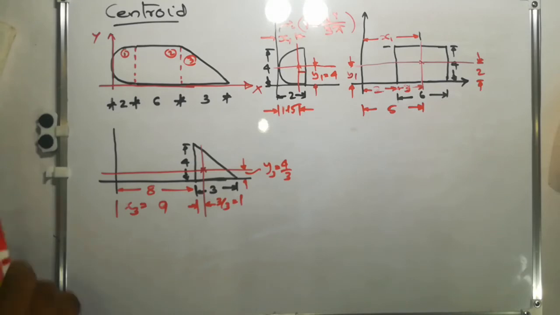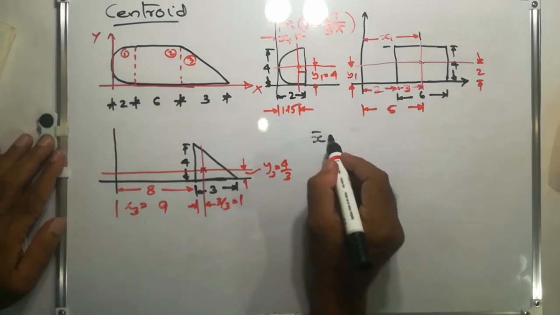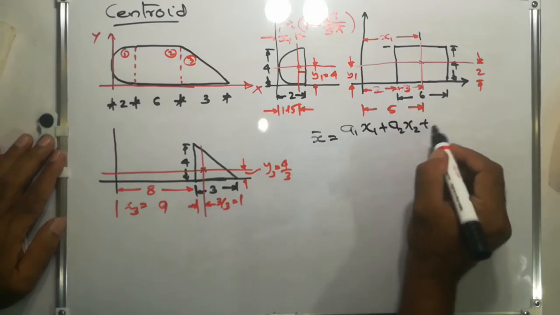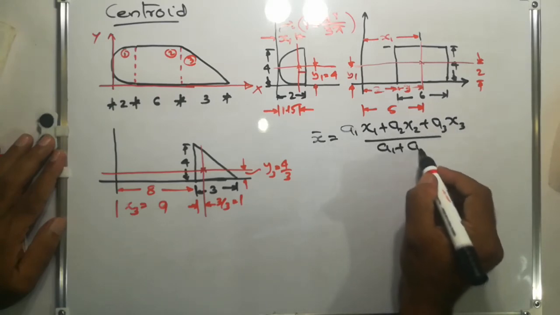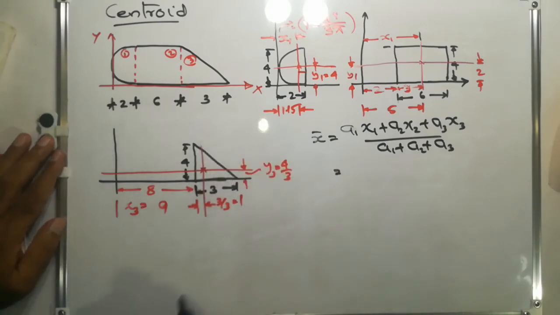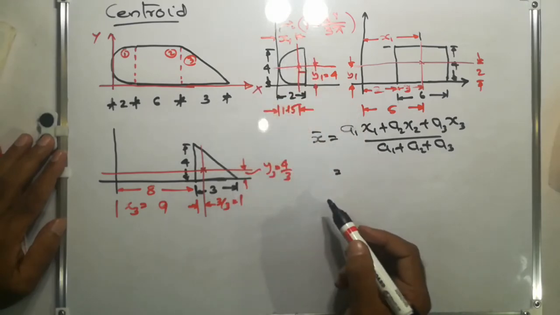So those are the centroidal distances. Now x bar equal to a1 x1 plus a2 x2 plus a3 x3 divided by a1 plus a2 plus a3. What is a1? a1 is equal to pi r square by 2, because pi r square is the area of a circle, divided by 2 gives the area of a semicircle.